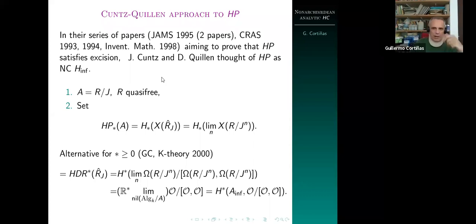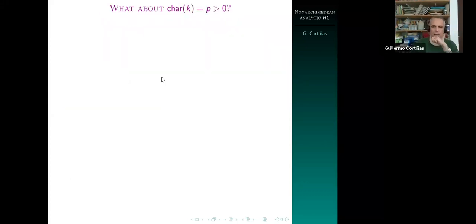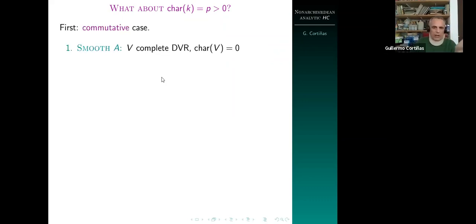Okay, so hence, if we look at characteristic p, then we should begin by looking at what de Rham theory is in characteristic p. And well, let's start with the commutative case. As I said before, there's already a problem even for smooth algebras. And this is solved by lifting to characteristic 0. So you take a complete discrete valuation ring V of characteristic 0.